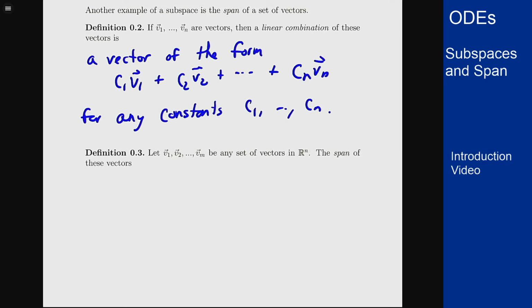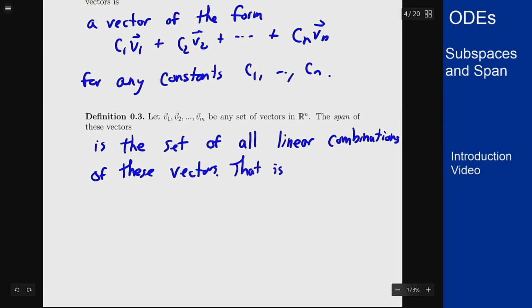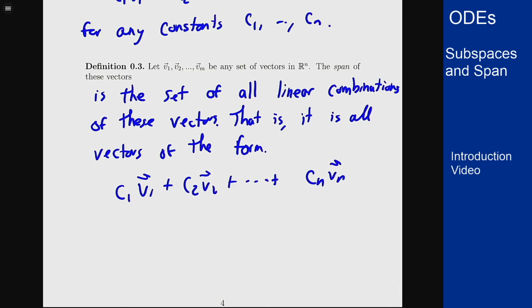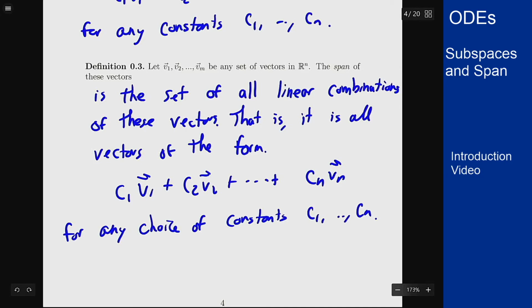Now, for a set of vectors, the span of those vectors is the set of all linear combinations of these vectors. That is, it is all vectors of the form c1v1 plus c2v2 plus up to cnvn for any choice of constants c1 through cn. I can pick any constants, and that gives me a linear combination.